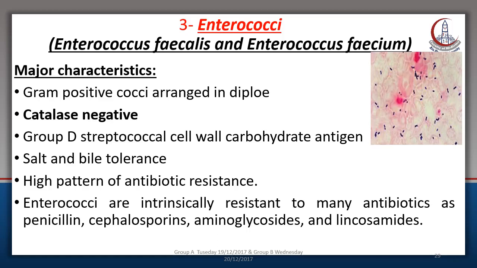It has a non-hemolytic effect on the blood agar, and it can be differentiated from other coagulase negative staphylococci like Staphylococcus saprophyticus by using a novobiocin disk. Staphylococcus epidermidis is sensitive to novobiocin, and Saprophyticus is resistant to novobiocin.